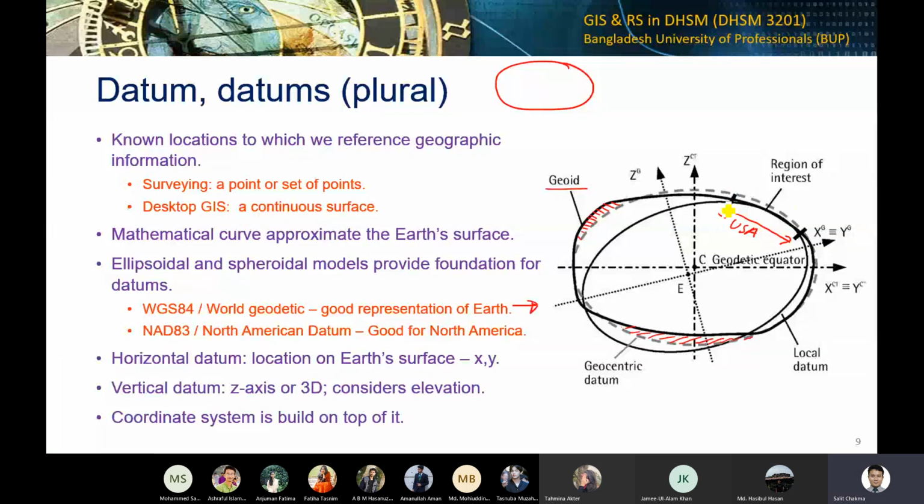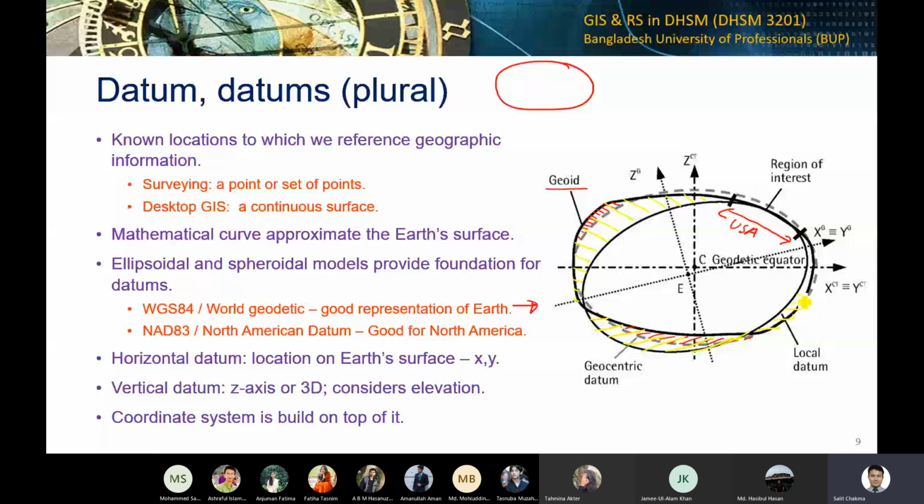So what are these regions? The thin black line is the local datum for USA. And if we look at the geoid, it has very significant differences at the other parts of the world.